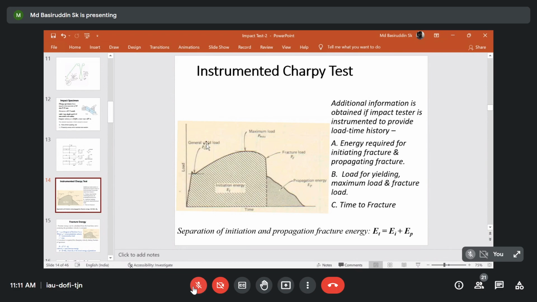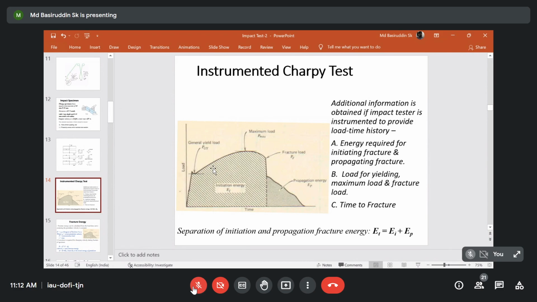Here you can find that the general yield point is there, so that decides that the material will start to yield in front of the notch. Up to this period of time, the plastic deformation will happen, and that leads to the energy absorption of a material, which is the crack initiation energy.